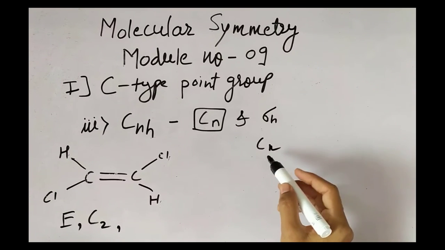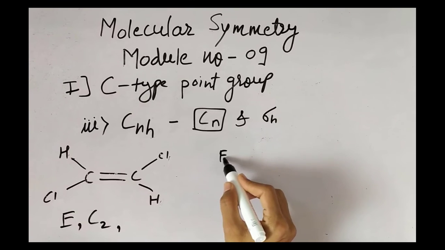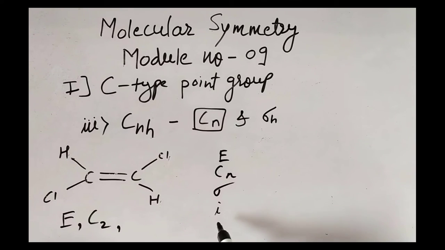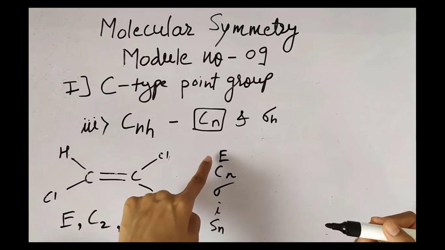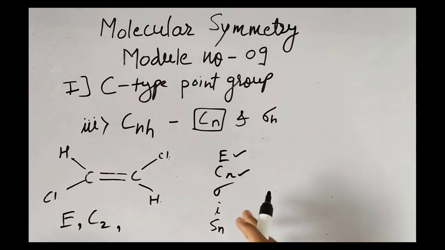Okay, then according to the sequence, identity first, then we find out rotation, then what? Plane. Then we check for the inversion and then we check for the Sn. So, identity is present. We have got C2. Now check whether the plane is present in this or not.